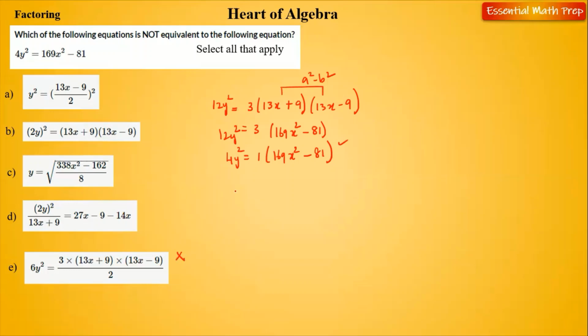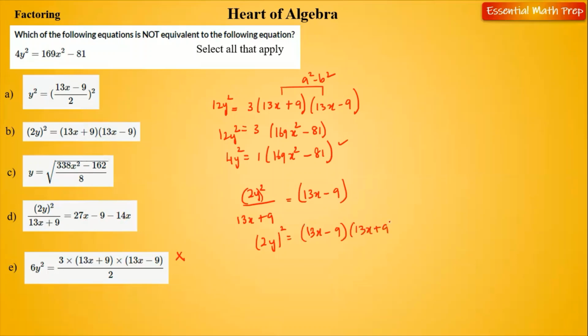So that cannot be the right answer. Let's take the second one, 2y squared over 13x plus 9, okay, equals, well, if you just subtract 14 minus 27, that's 13x minus 9, right? So 2y squared over 13x plus 9 equals 13x minus 9.